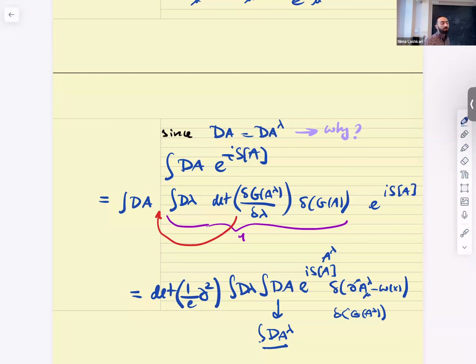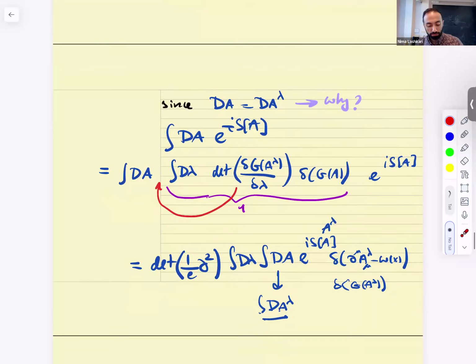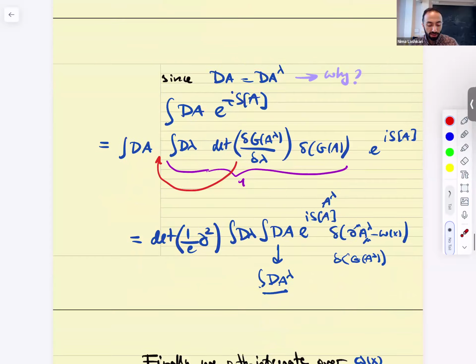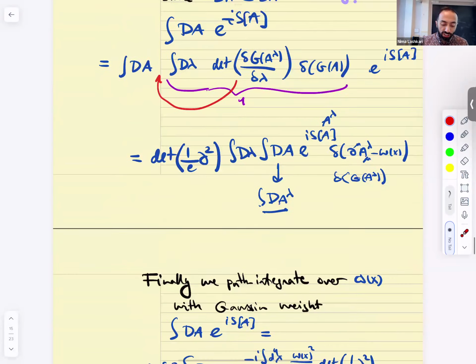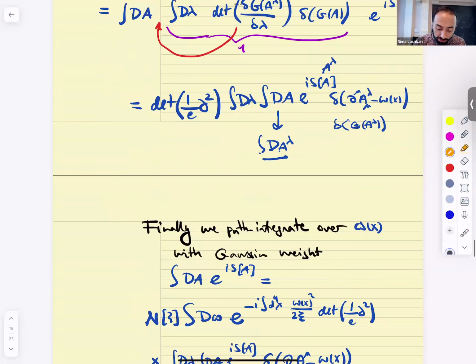Why is this? What is a gauge transformation? It's just a shift of A mu, a linear shift of A mu. For QED, it just comes out. For QCD, it's a shift and a rotation. Again, linear, so the measure will be independent of it. So what did I achieve? Once I replace this here and this here, this looks like a gauge fixed integral.